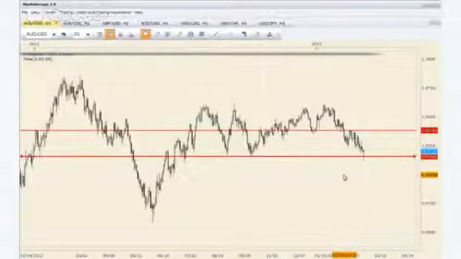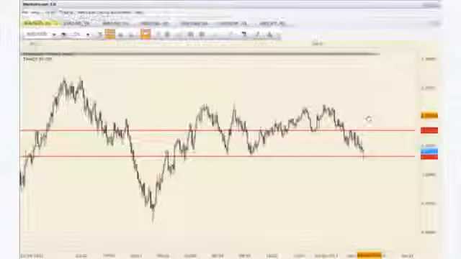So I'm going to use the red horizontal lines as major boundaries.